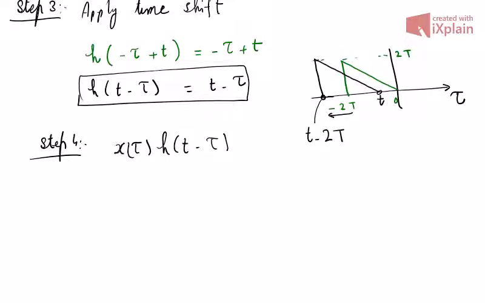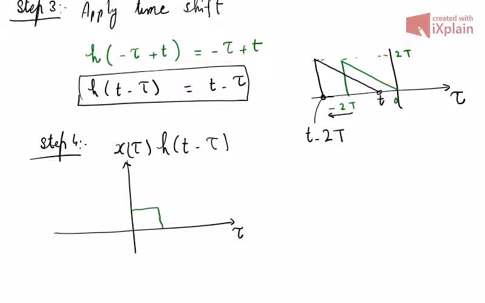Now the product would look like this. Let me draw both on the same tau axis.